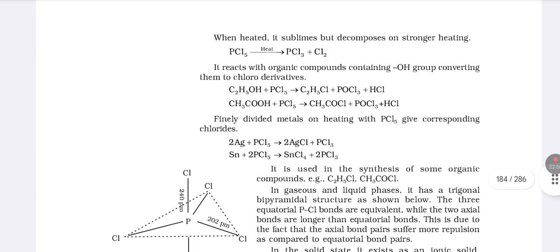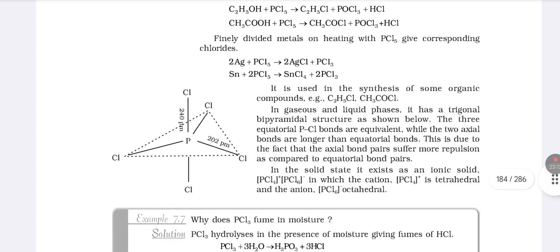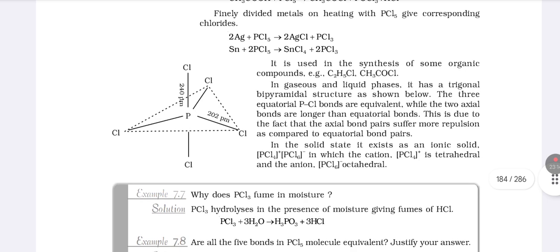When heated it sublimes, but decomposes on stronger heating. It reacts with organic compounds containing OH groups, converting them to chloroderivatives. Finely divided metals on heating with PCl5 give the corresponding chlorides. It is used in the synthesis of some organic compounds.